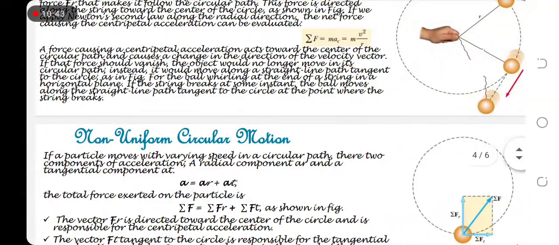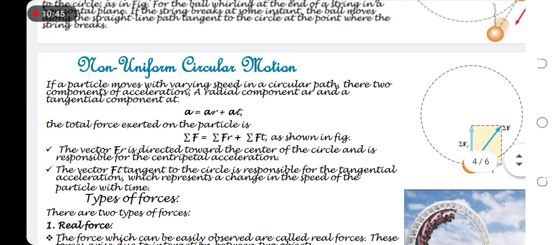The second small article of this lecture is non-uniform circular motion. As we know, uniform circular motion means a body moves in a circle with uniform speed. That means the velocity direction is changing, but it does not affect the uniform motion.